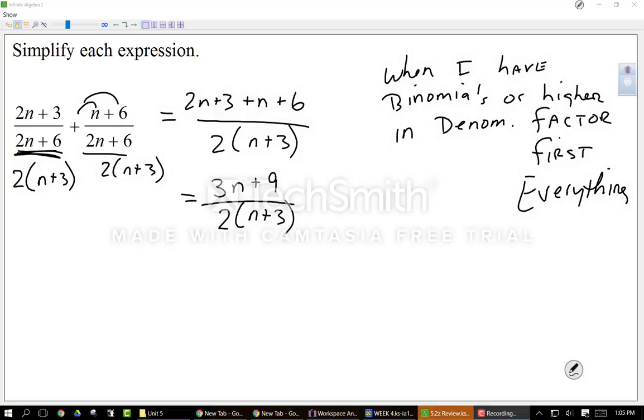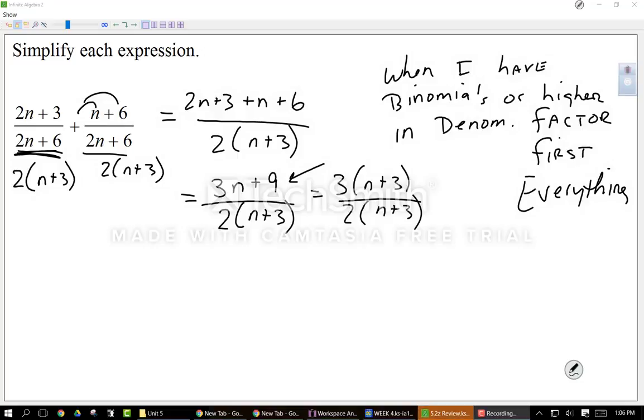Well, I'm not done. Some of you might be like, well, we're good to go. We're not. This 3n plus 9 can be simplified, factored even more. What I mean by that is they both contain a 3. 3 times n plus 3 is 3n plus 9 over the 2 times the n plus 3.